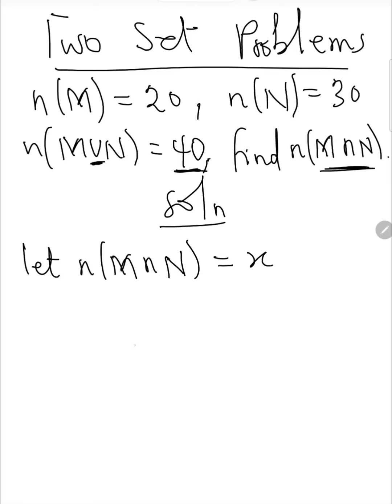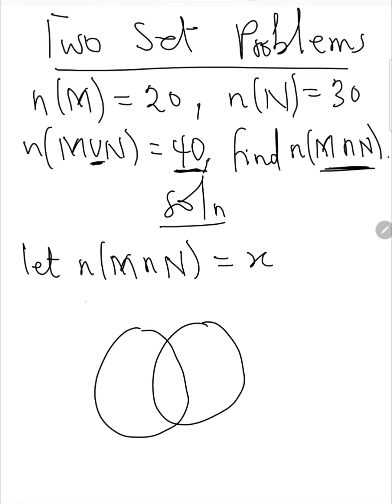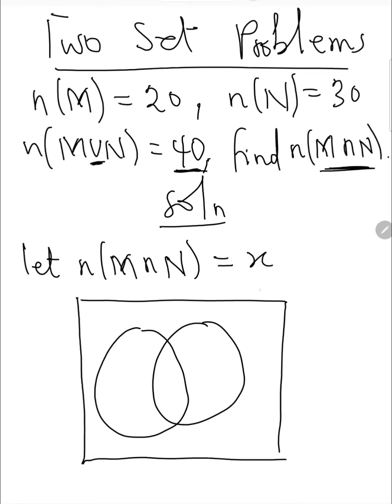So now we can draw our two sets, which will be in the Venn diagram. Don't forget the union of the two sets becomes our universal set, which is 40.